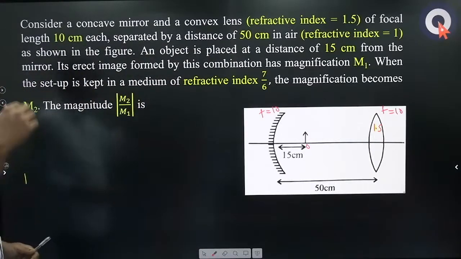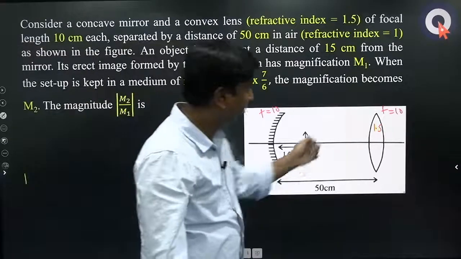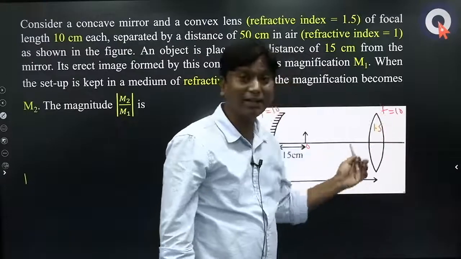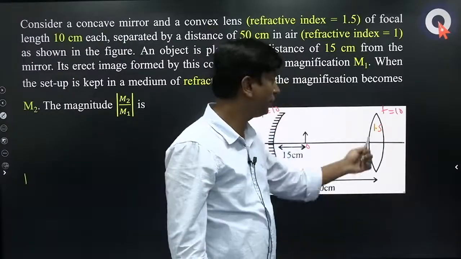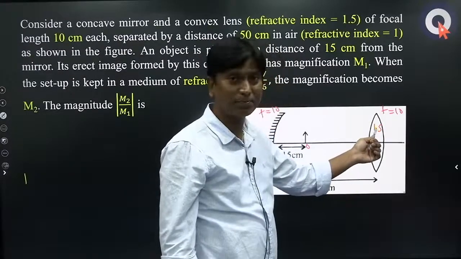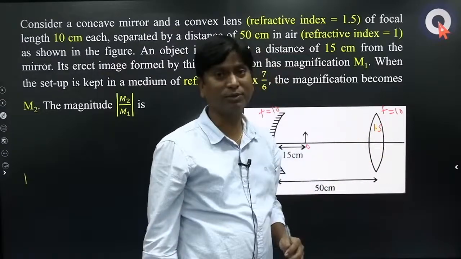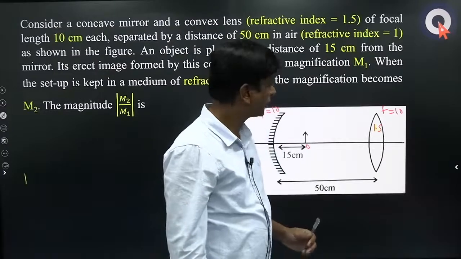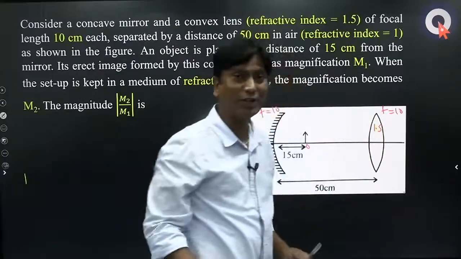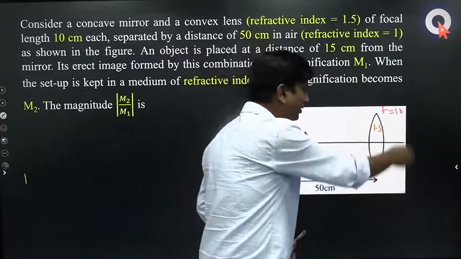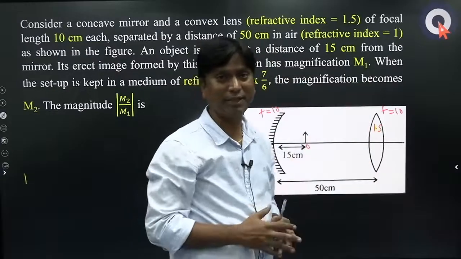Because the focal length of the lens will not only depend on the refractive index of the lens, but also on the surrounding medium, correct? So that is why definitely the focal length of the lens will change when you are putting it in some other medium.